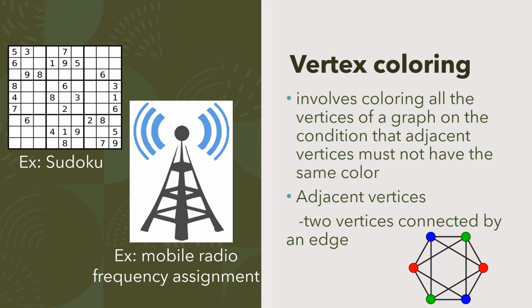One example that applies vertex coloring is in Sudoku, wherein each cell would represent a vertex and the vertices in the same row, column, or block would then be connected by edges. Another application would be in mobile radio frequency assignment, where the vertices would act as the towers and the edges would connect the vertices that are in similar locations or in close proximity.